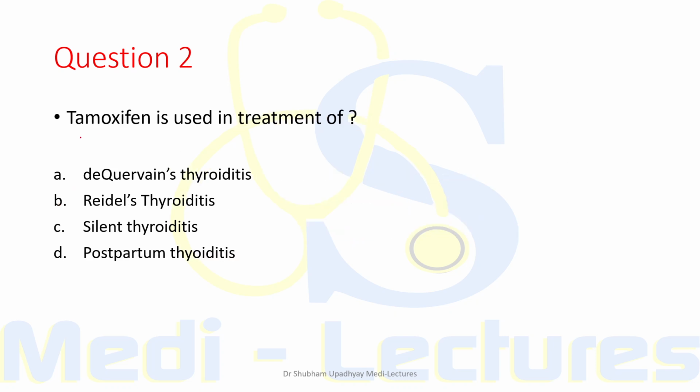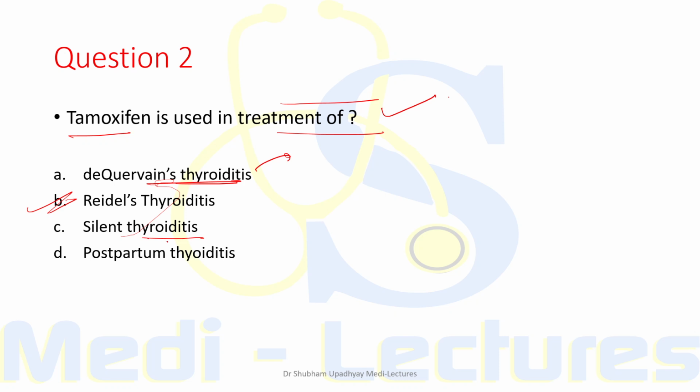Second, tamoxifen is used in treatment of, directly we can answer, that is Riedel's thyroiditis. De Quervain thyroiditis is the other name for viral subacute thyroiditis. For treatment, we use NSAID or glucocorticoids for symptomatic management. In hyperthyroid phase, we can use propranolol. Is there any role of antithyroid drugs? No. In hypothyroid phase, we can use thyroxine therapy.